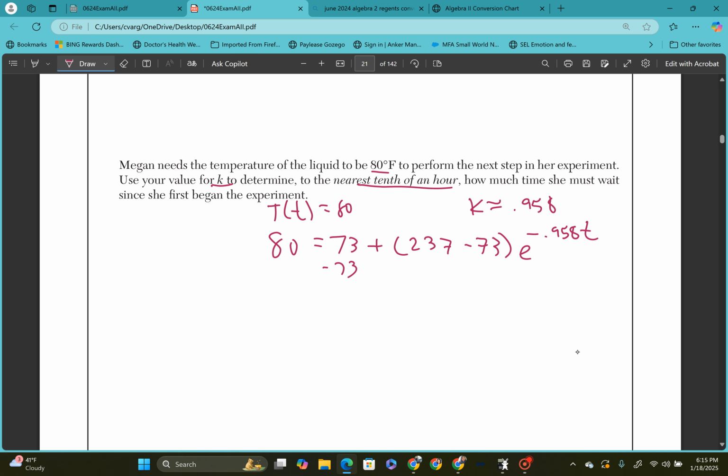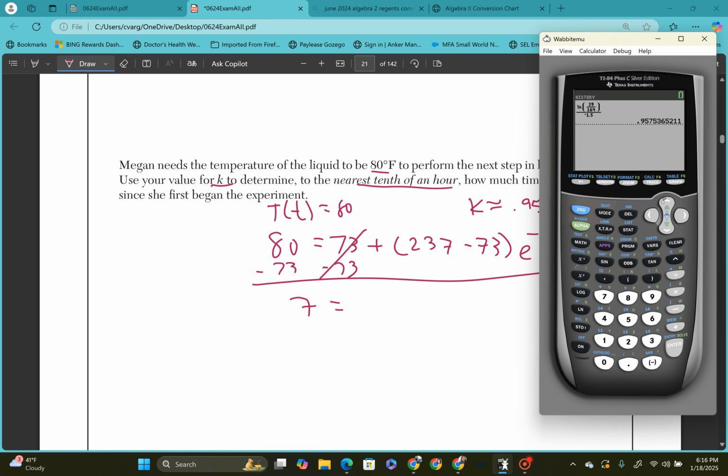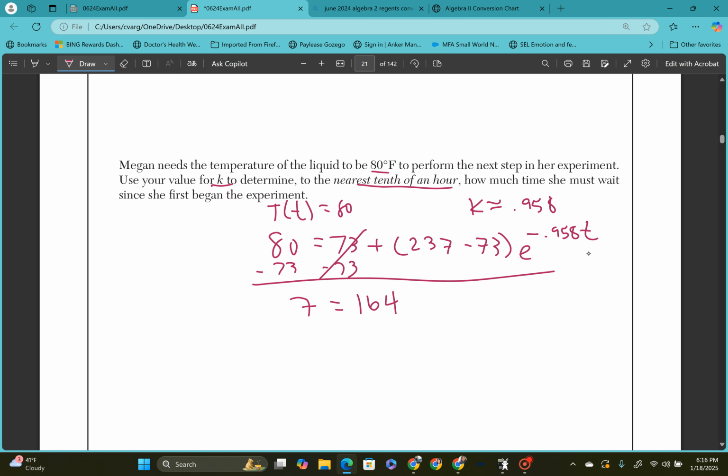So subtract 73 from both sides. That gives us 7 is equal to 237 minus 73, right? We already did that in our calculator. Yeah, so it's 164 e to the negative 0.958 t. Divide both sides by 164. Divide by 164. Cancels out. So I have 7 over 164 is equal to e to the negative 0.958 t.